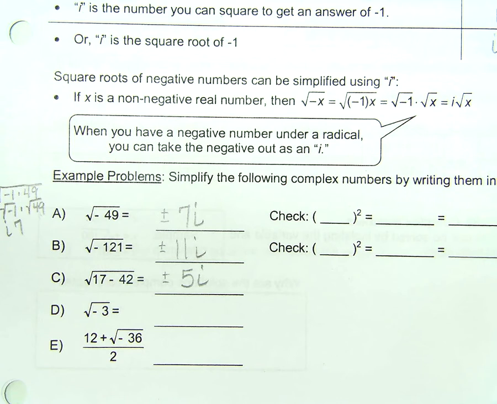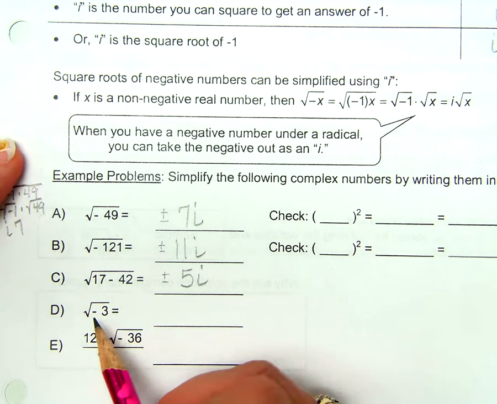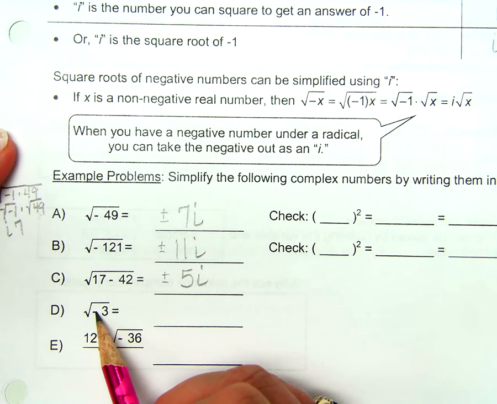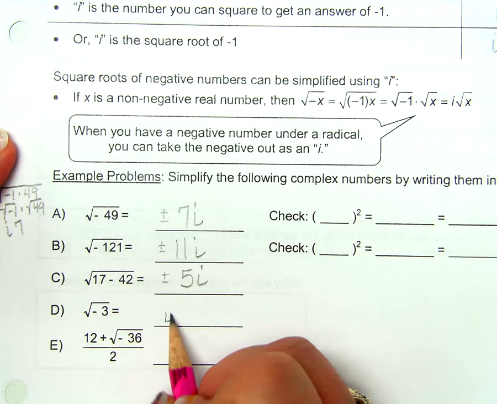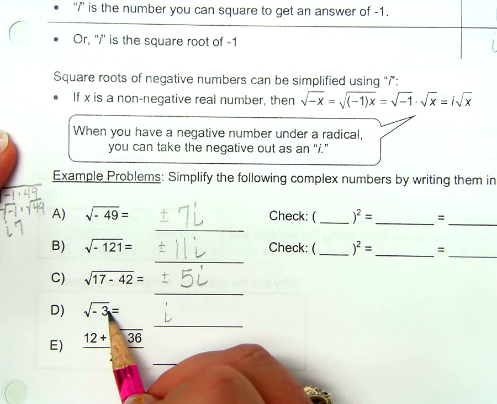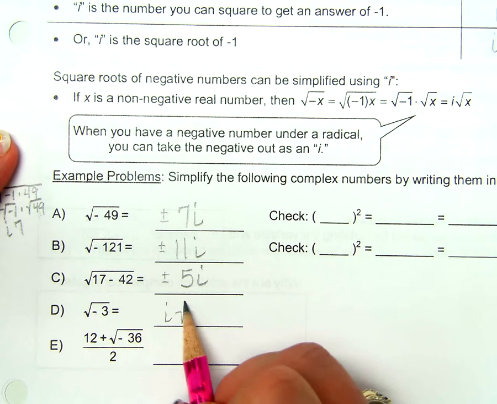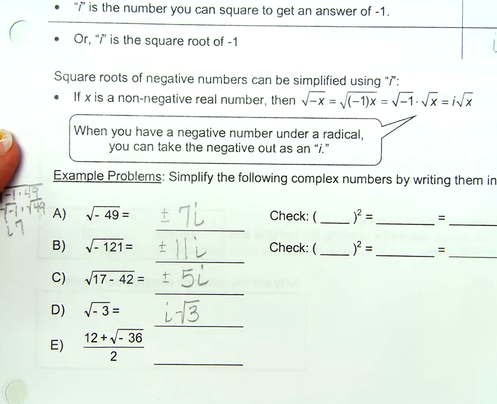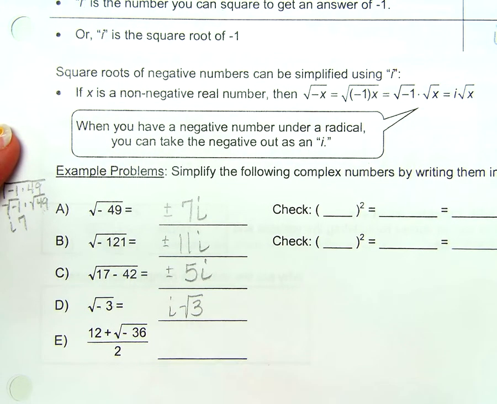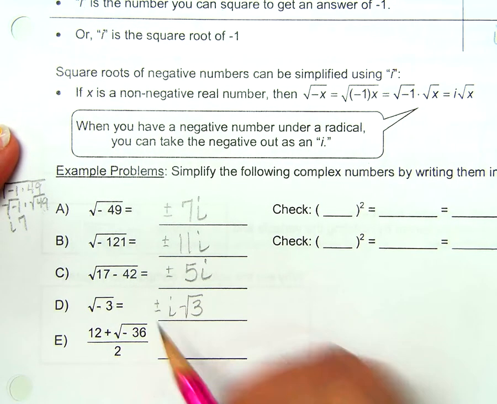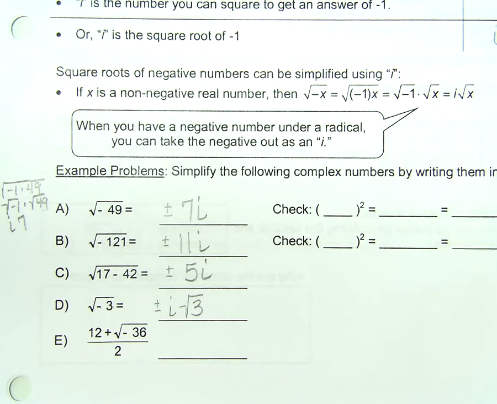D is a little different, but just slightly. Do I know the square root of -1? It's i. Do I know the square root of 3? No. So we put i root 3. And in fact, plus or minus. Right?